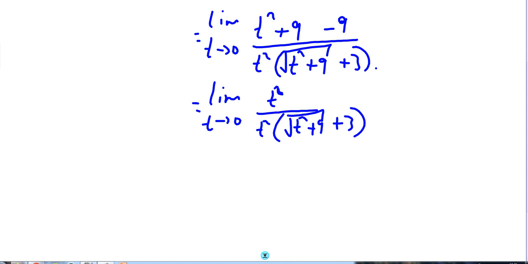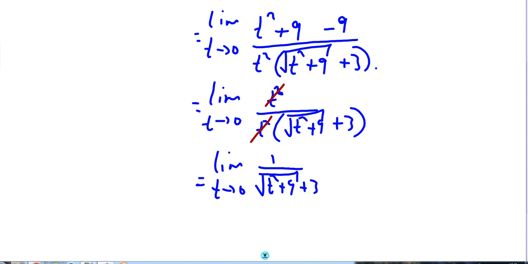Now the t squared can cancel out numerator and denominator to give us the limit as t approaches 0 of 1 all over the square root of t squared plus 9 plus 3. Now you see that if t is equal to 0, the denominator is not 0 anymore. So that gives us 1 over, when t is 0, the denominator gives us 6. 1 over 6. So the exact value of that limit is 1 over 6.